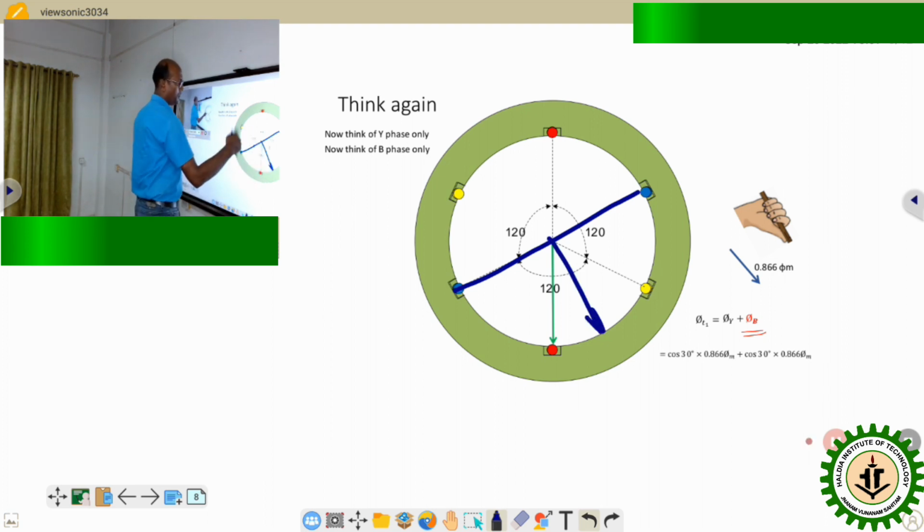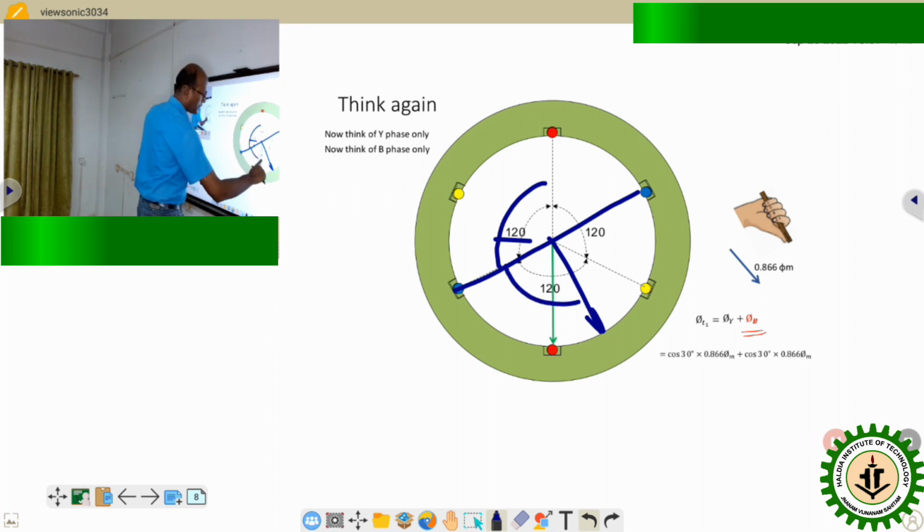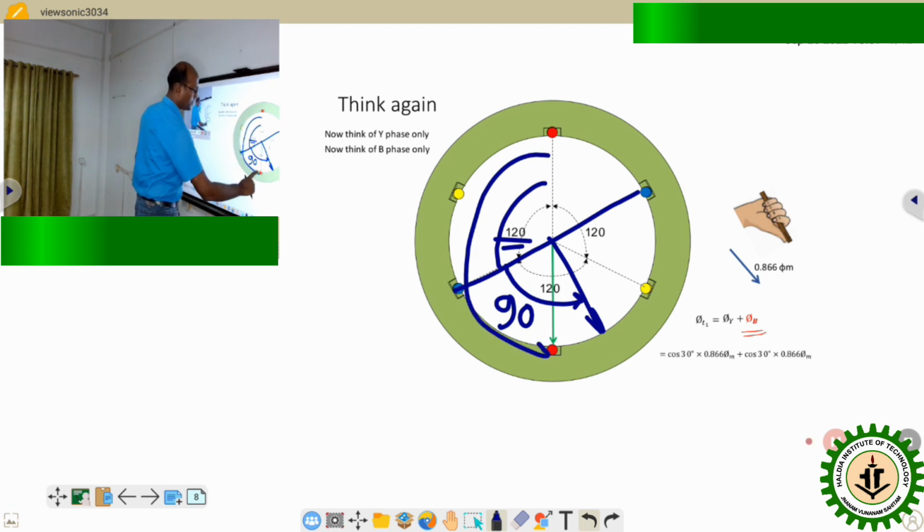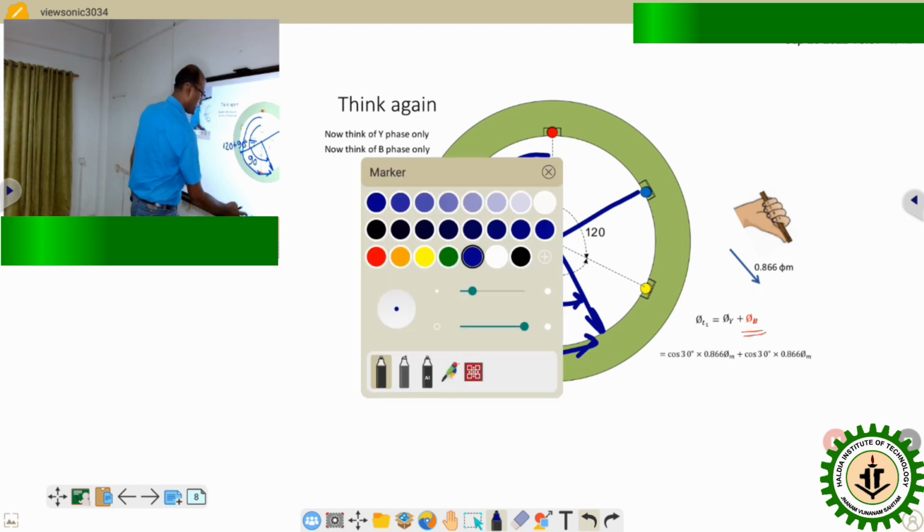Now if this is 120 degree, then its flux contribution is 90 degree with respect to that. So this is 90 degree, this one 120 degree. So overall, the total flux contribution is that 120 degree plus the 90 degree from this side.